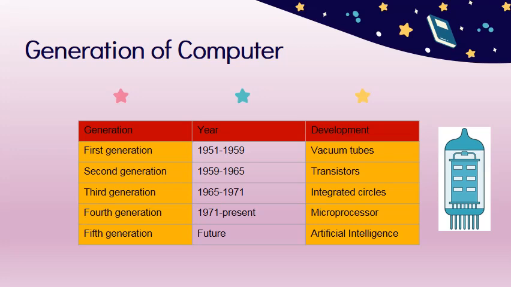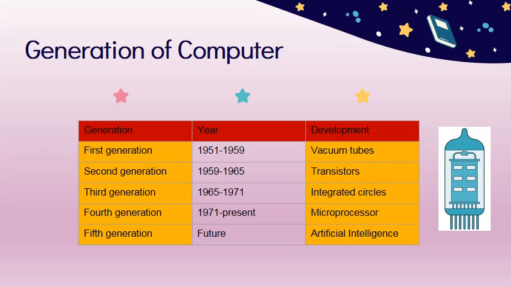These computers were more powerful and included input-output control and central processing units. Intel 4004 and Intel 8080 are examples of fourth generation computers.